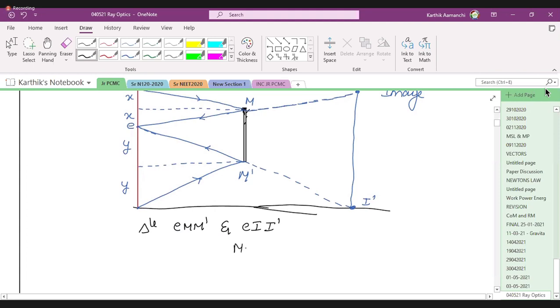So M dash M divided by I I dash is equal to, tell me, M dash M divided by I I dash. So EM by EI.